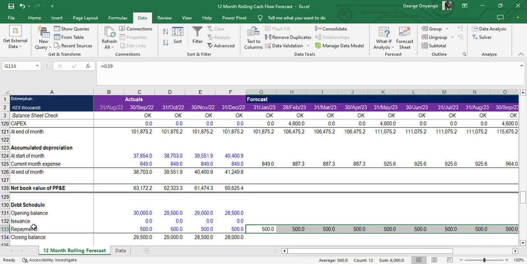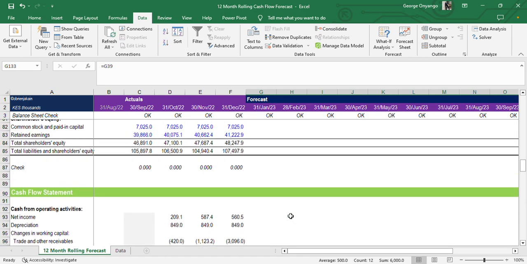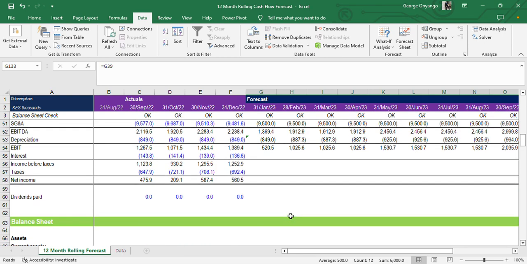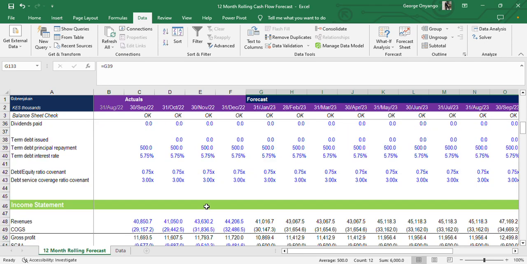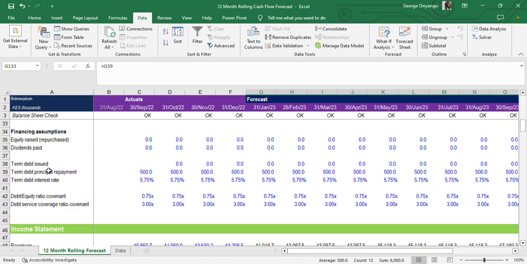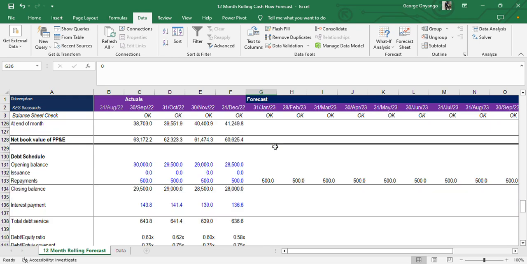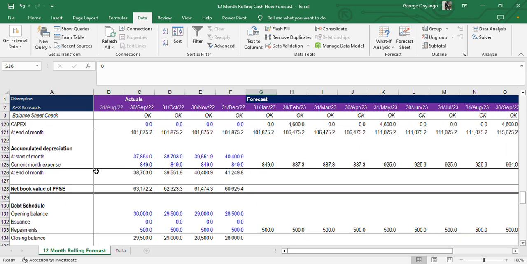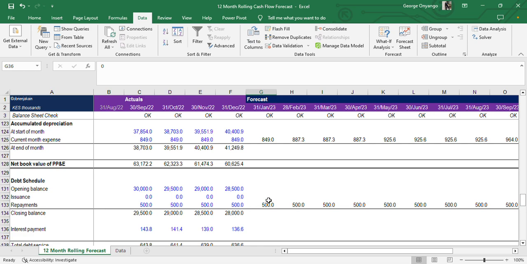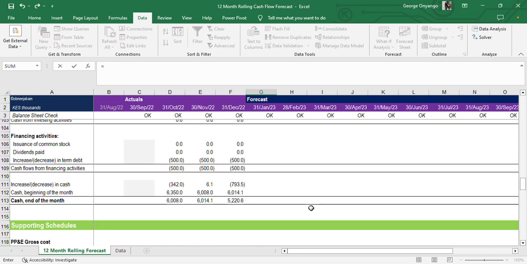Then issuance, did they issue any debt? When we come up here, equity raised, they did not issue anything, so we just pick that value. We pick it, we create it down here. Did they issue any shares? No, they didn't.